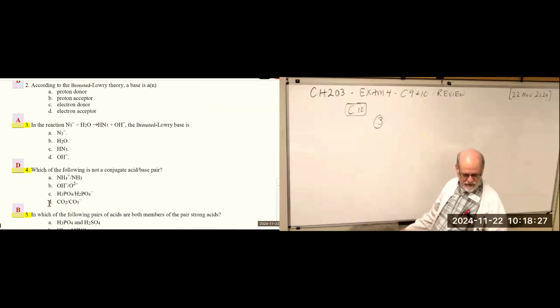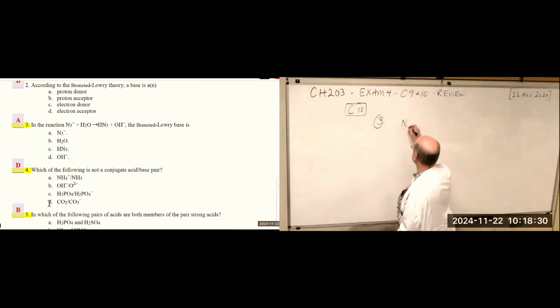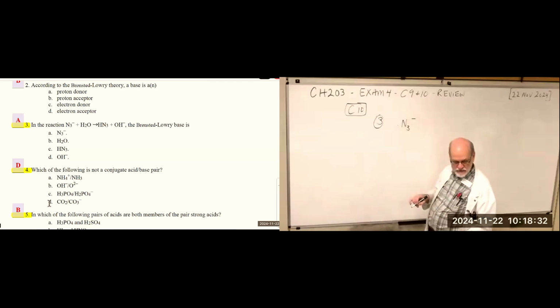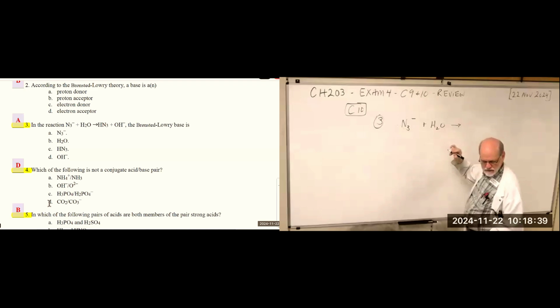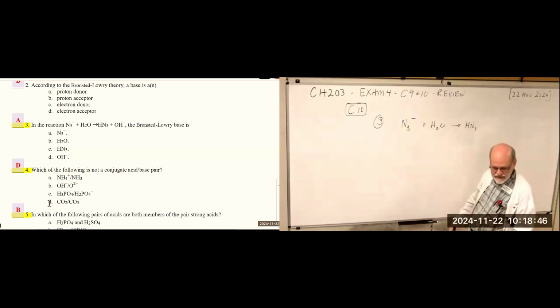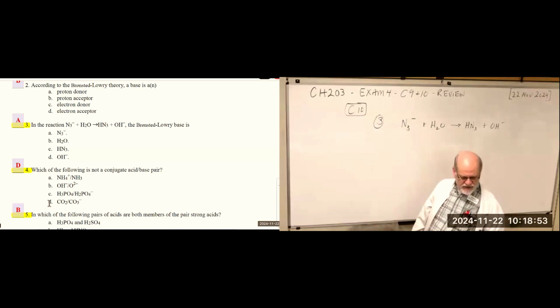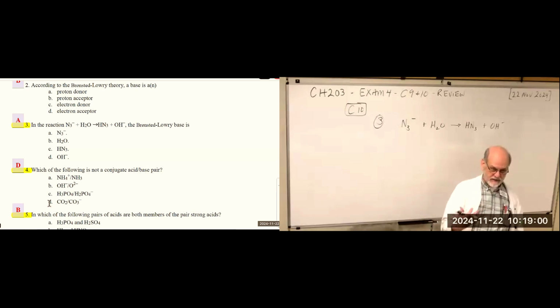This reaction: N3 minus, which is the azide ion, plus H2O yields HN3, hydrogen azide, plus OH minus. Okay, Bronsted-Lowry base. A Bronsted-Lowry acid donates protons, a base accepts protons.